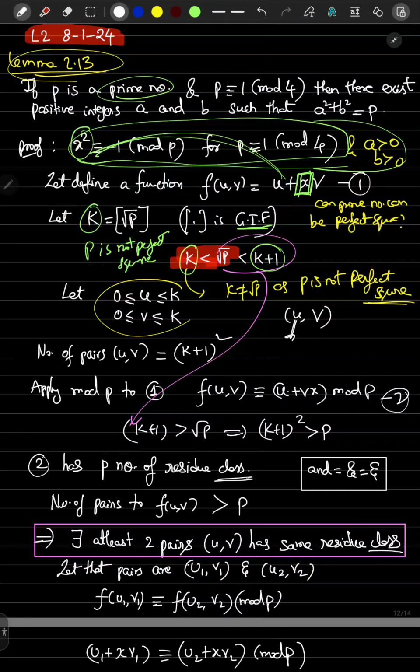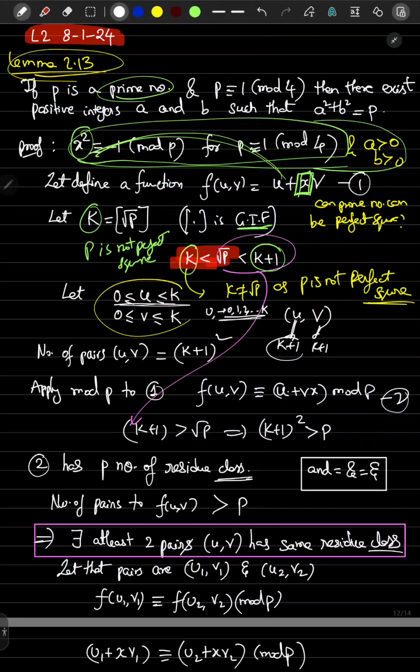U and v are integers. How many possible values for u? u can be 0 or 1 or 2 or 3 and so on up to k. So k plus 1.